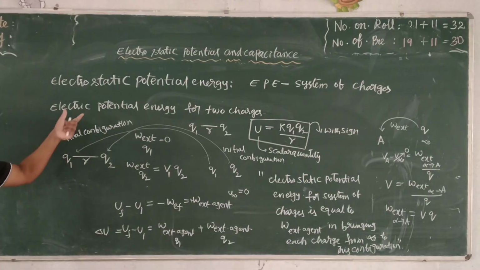So that is called electrostatic potential energy or electric potential energy.